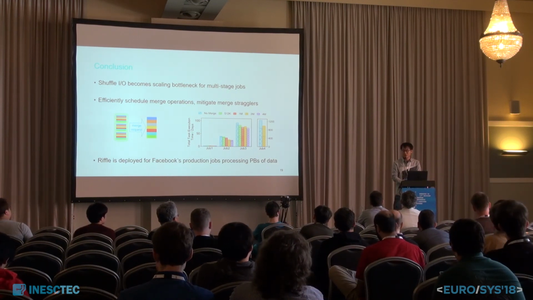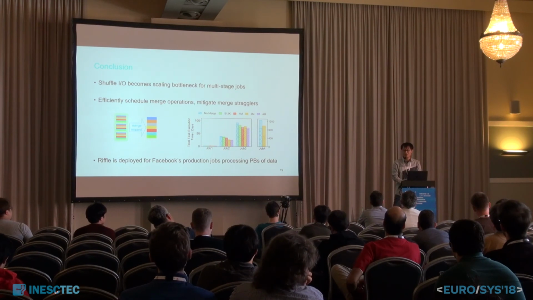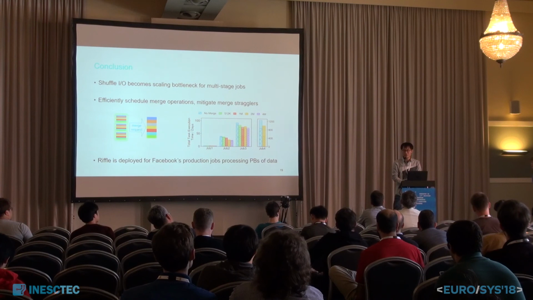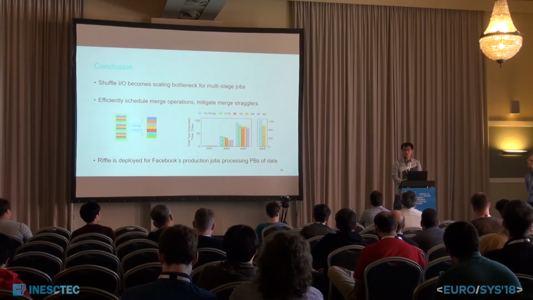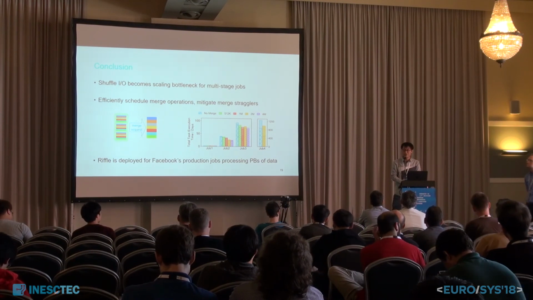So there's not a huge saving if you run Riffle on those shuffle workloads. But the fact is that when we look at the production jobs at Facebook, a lot of these jobs are not that ideal. So when we apply Riffle on those tasks, we see a huge benefit.